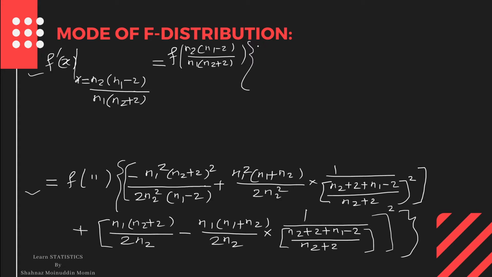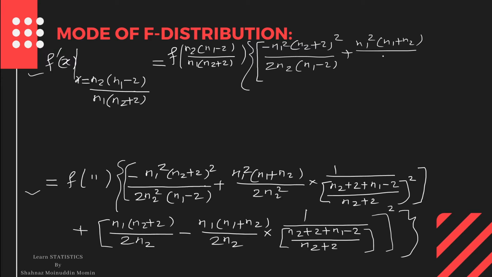So the first term is as it is, first term in the first bracket, there is no change. n1 square (n2 plus 2) whole square divided by twice n2 (n1 minus 2) plus n1 square (n1 plus n2) divided by twice n2 square into 1 upon (n1 plus n2), this 2 gets cancelled, divided by (n2 plus 2) whole square. This is the first term.